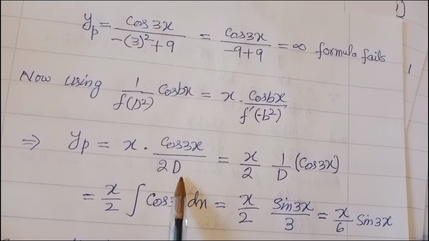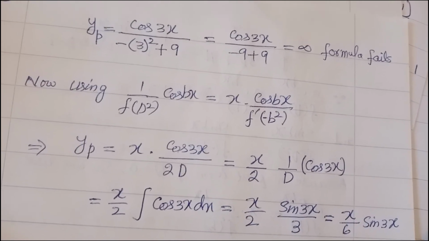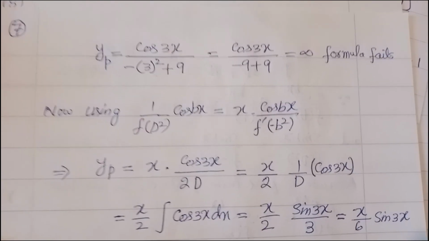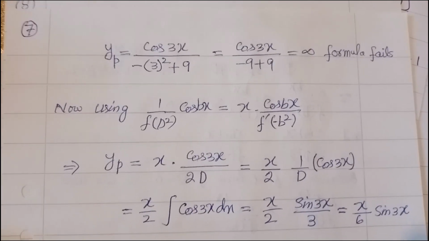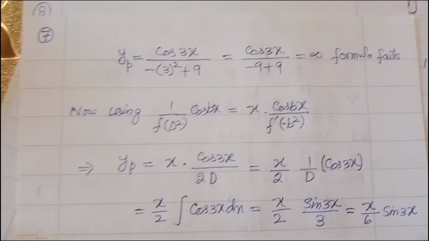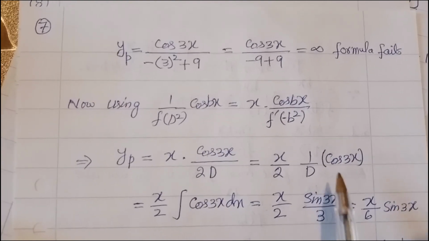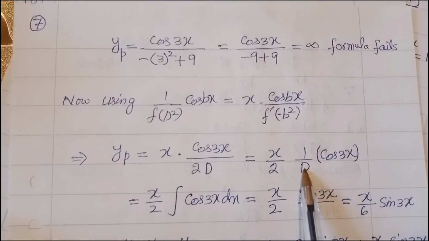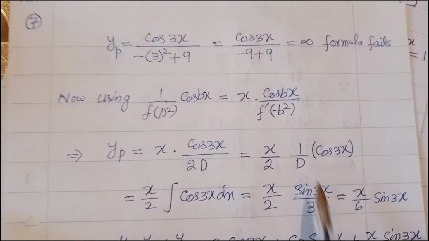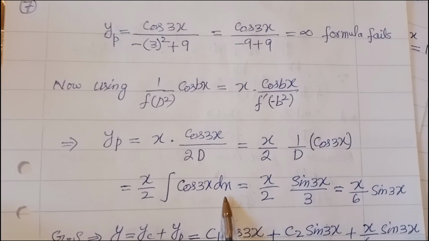For d, we cannot substitute because we need the value of d square to replace the value of b. We know that another alternative is that 1 upon d can also be written as the integral. So this can be written as the integral of cos 3x dx. And you know how to find the integral.